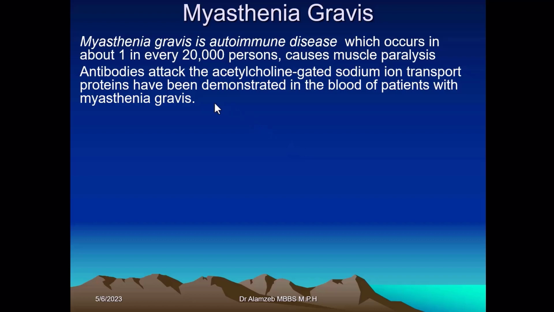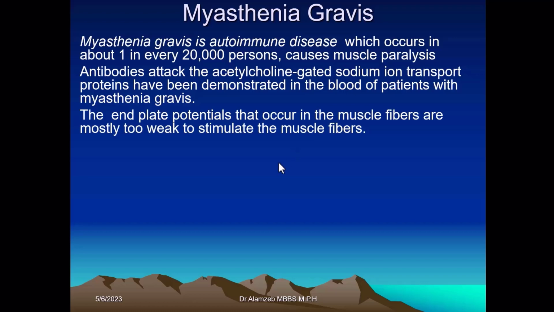These antibodies, detected in the blood of such patients, destroy the acetylcholine-gated sodium channels which are present on the muscle membrane, made of five proteins: the alpha, beta, gamma, and delta.